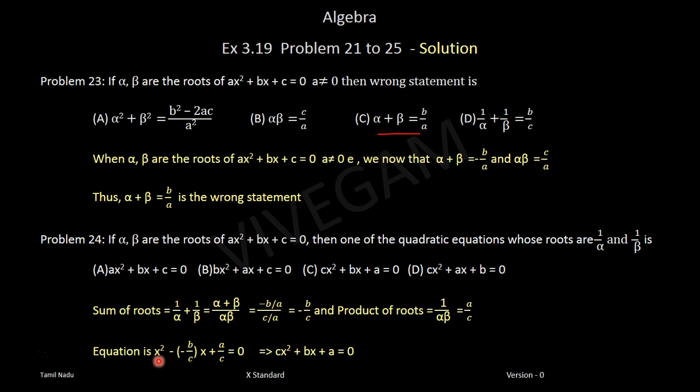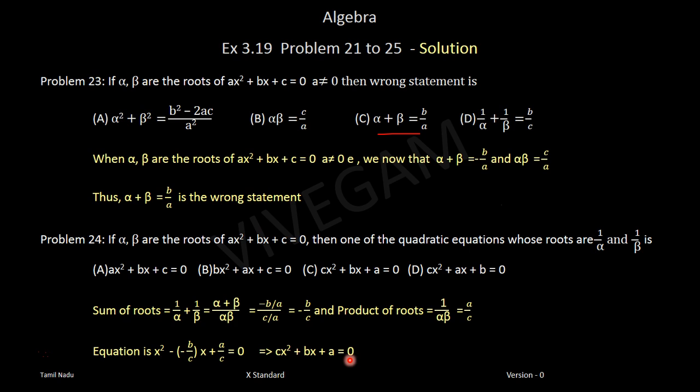This will become cx square plus bx, because minus into minus becomes plus and the c cancels off, and you'll get plus a. On the right side, 0 into c is 0. So cx square plus bx plus a will be equal to 0.